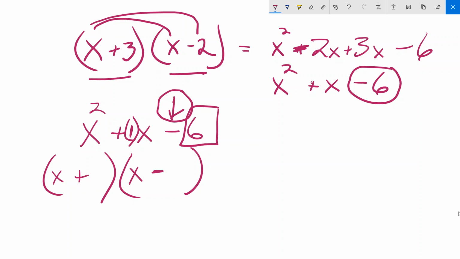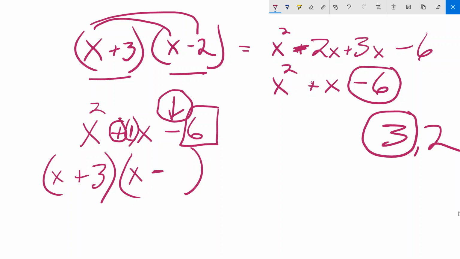So what two factors of 6 subtract to 1? 3 and 2. And then the final step is figuring out where the 3 goes and where the 2 goes. Take the bigger of your factors, 3 is bigger than 2, and put it with the sign of the middle term always. So the 3 goes with the plus sign, therefore the 2 goes there. And you can kind of see how it works.